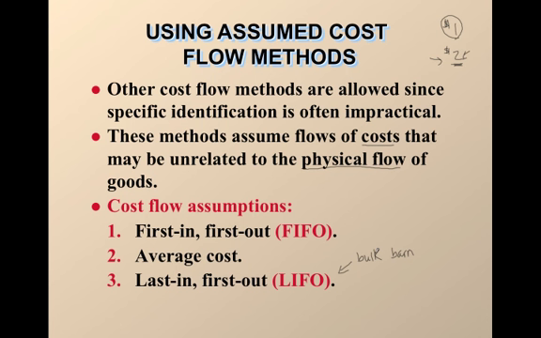Now, the Canadian Institute of Chartered Accountants, you recall them being called CICA, and they're the ones responsible for our GAAP procedures. Well, they have recently taken out LIFO as an appropriate method. So we're going to look at first in, first out, and average cost, which is going to make your life a little easier because you don't have to differentiate between these two.